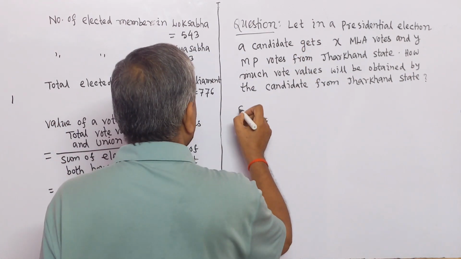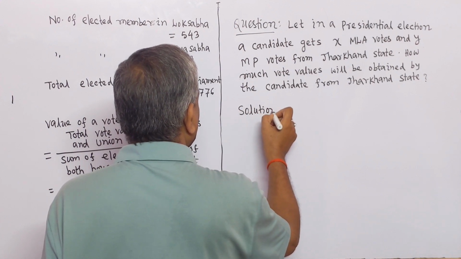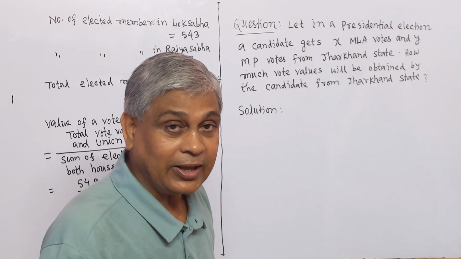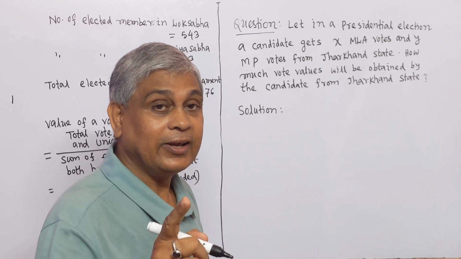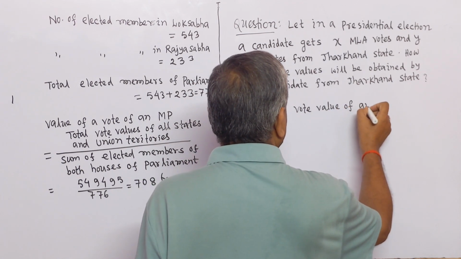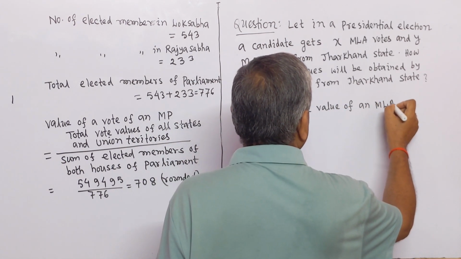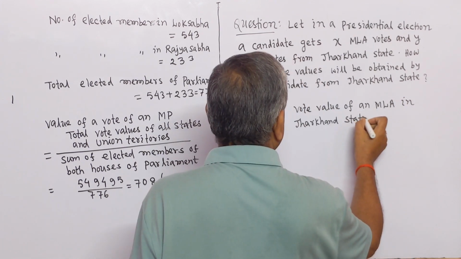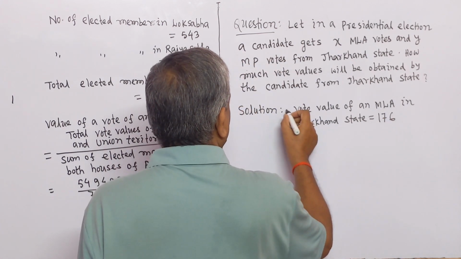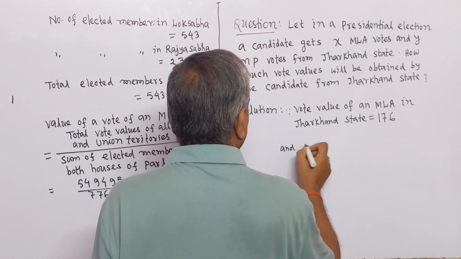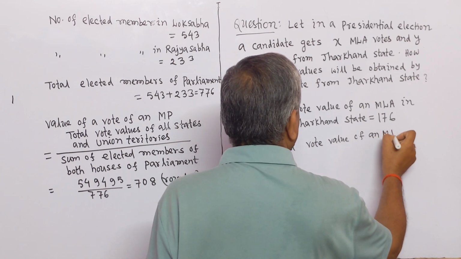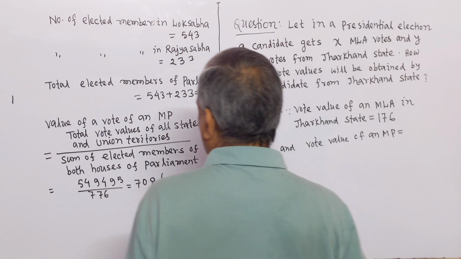Now we solve this. Solution. Since we know that vote value of an MLA in Jharkhand state is 176, and vote value of an MP equals 708.